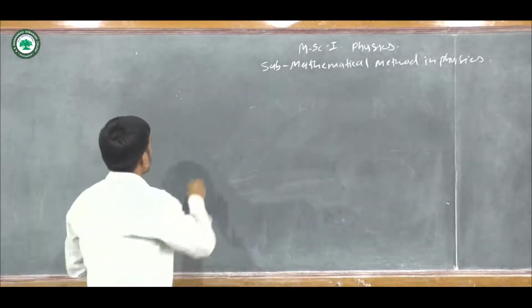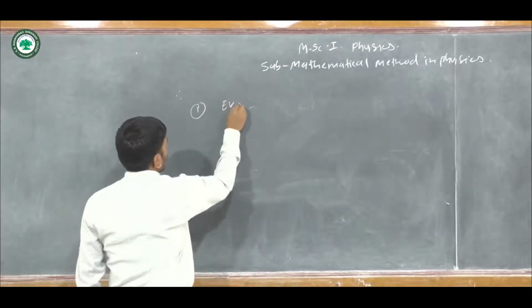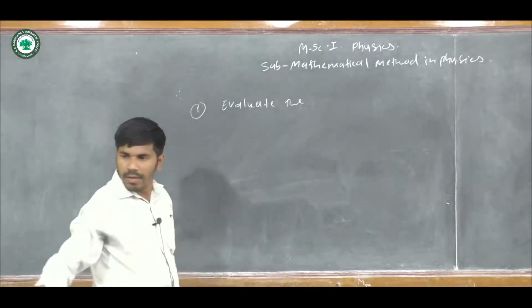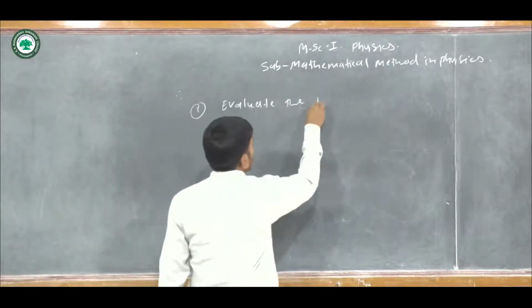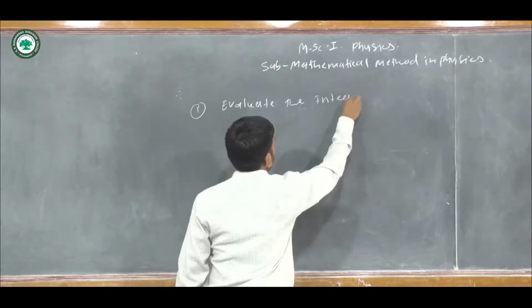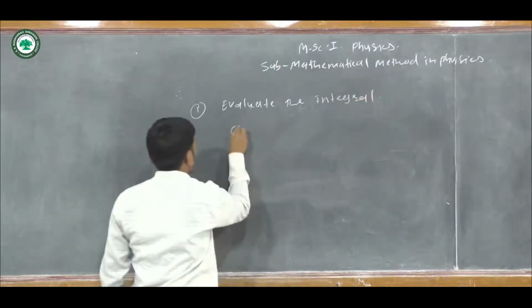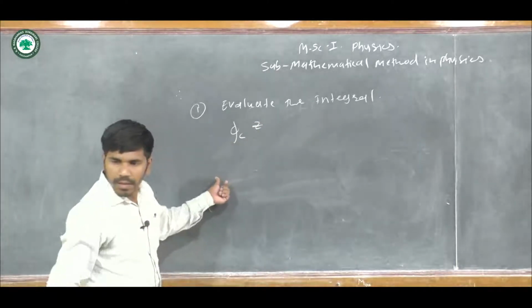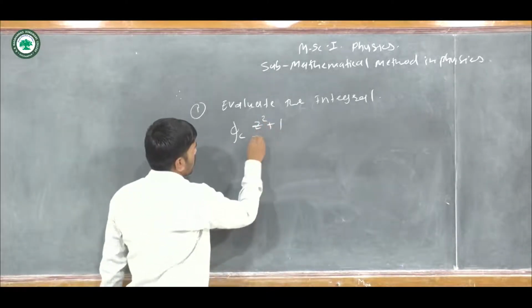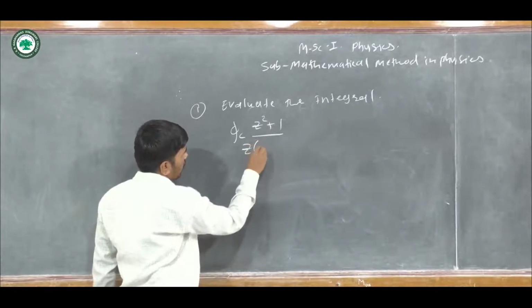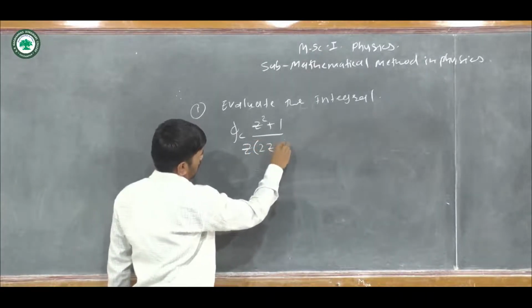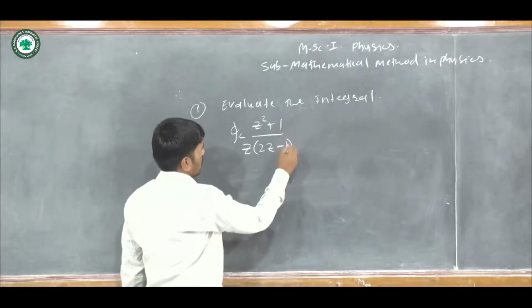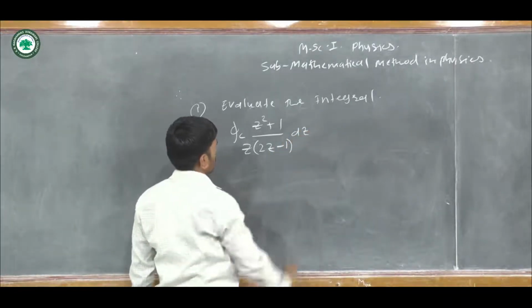So the first one is: evaluate the integral closed C (z square plus 1) divided by z into (2z minus 1) dz.